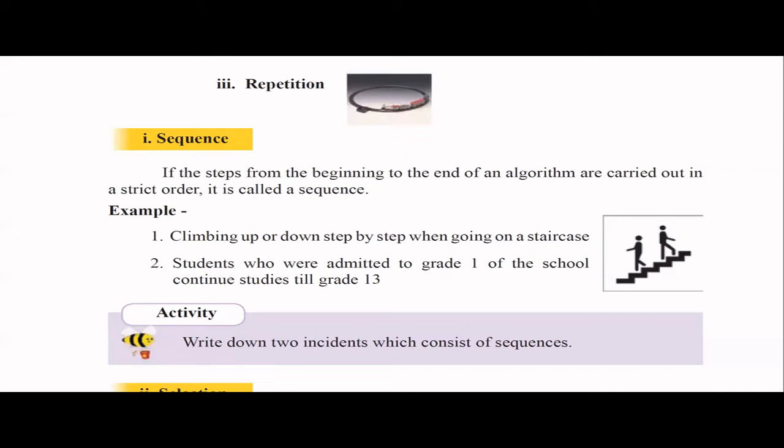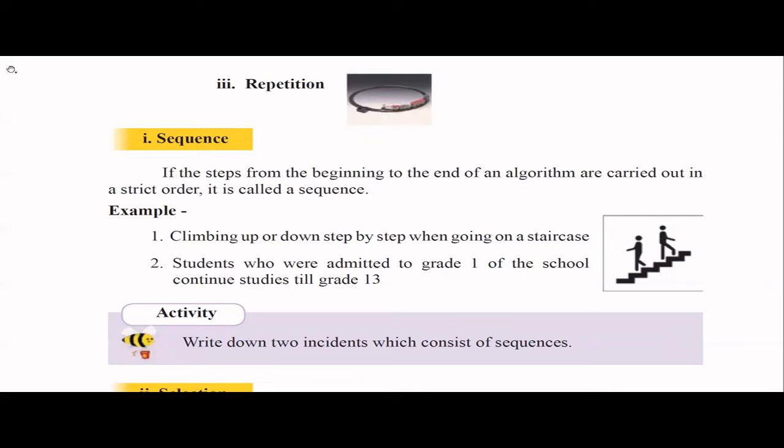You have to do it in the beginning. So like that, in life, there are so many incidents which consist of sequence, right? You can think of any, even preparing a fruit salad, a vegetable salad, or a fruit drink. All these things include steps which you should follow in a strict order.